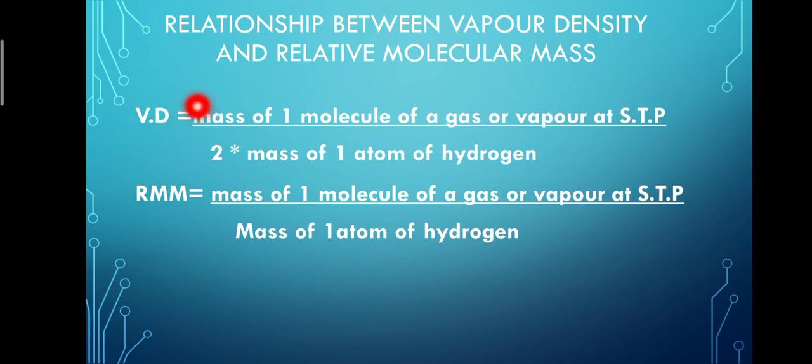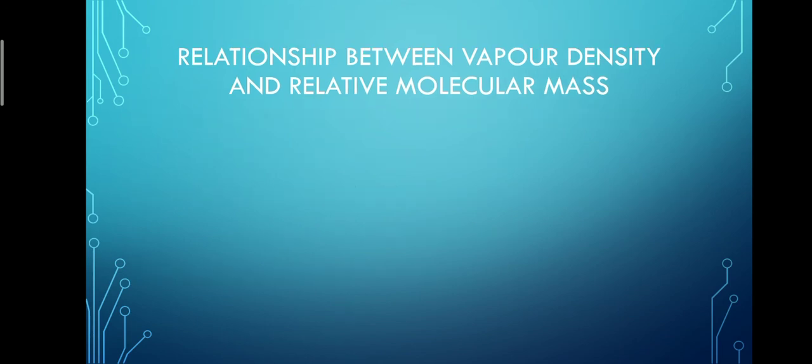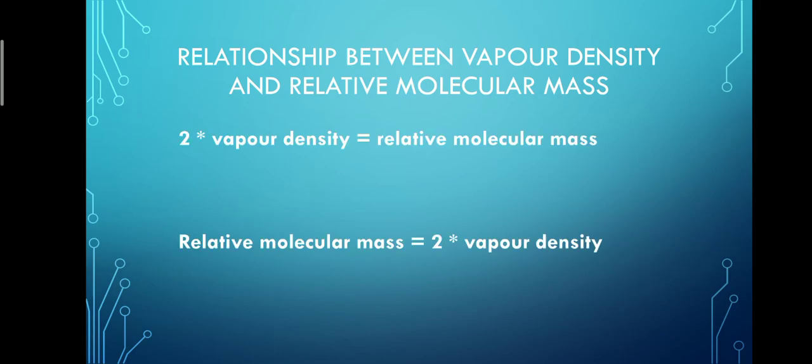That is, the mass of one molecule of gas or vapor divided by the mass of one atom of hydrogen equals RMM. By substituting that, we get Vd equals relative molecular mass by 2. If we rearrange this equation, we get 2 into vapor density equals relative molecular mass. So relative molecular mass equals 2 into vapor density. This is the relationship between vapor density and relative molecular mass.